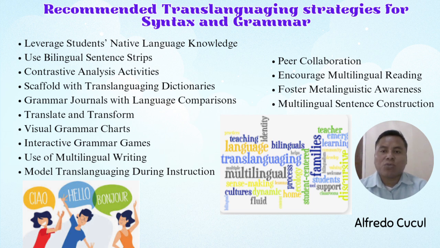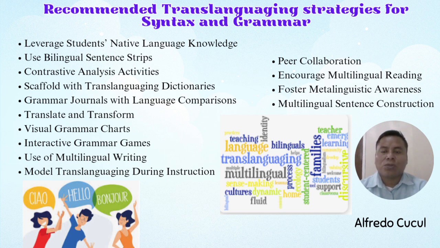For example, one student explains subject pronouns in Spanish and the other in English. And we can also encourage multilingual reading, whereby they can use texts in both languages to highlight grammar structure in context. For example, reading bilingual storybooks and comparing sentence structures.